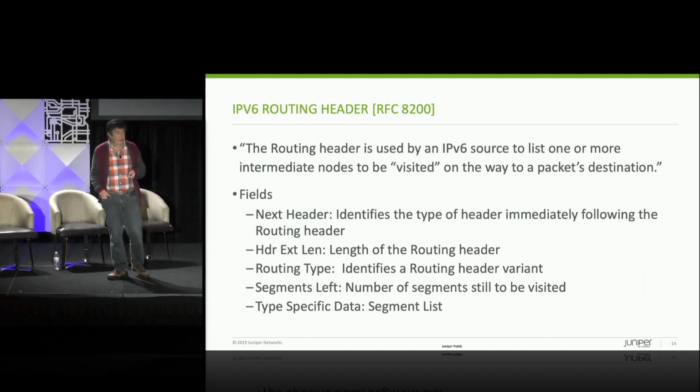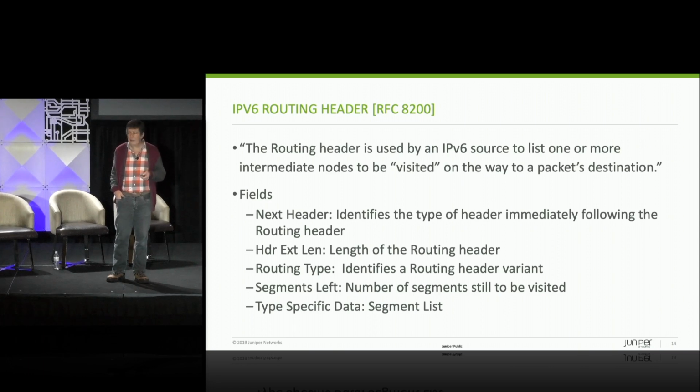Let's have a quick refresher on routing headers. The routing header is used by an IPv6 source to list one or more intermediate nodes to be visited by a packet on the way to its destination. This is from RFC 8200, and it's basically saying that the routing header is IPv6's traffic engineering mechanism. It gives you a loose source routing mechanism, and it has 5 fields in it: A next header tells you the type of the next header in the extension header chain.